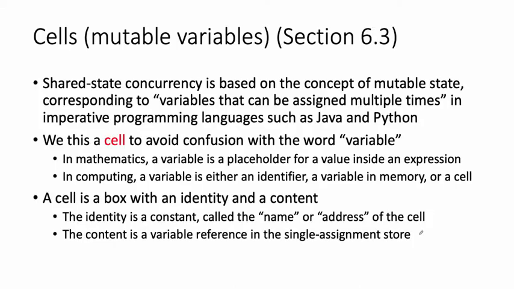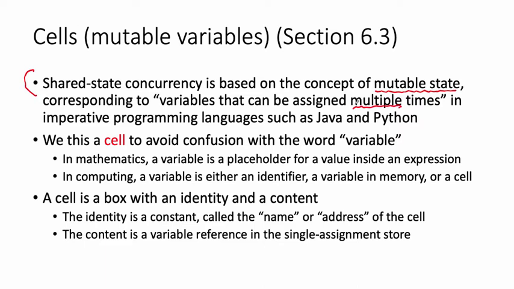In order to do that, we have to first introduce the concept of state. Shared state means that there is some updatable, mutable information that's shared between threads. So shared state concurrency is based on the concept of mutable state. These are variables that can be assigned multiple times.